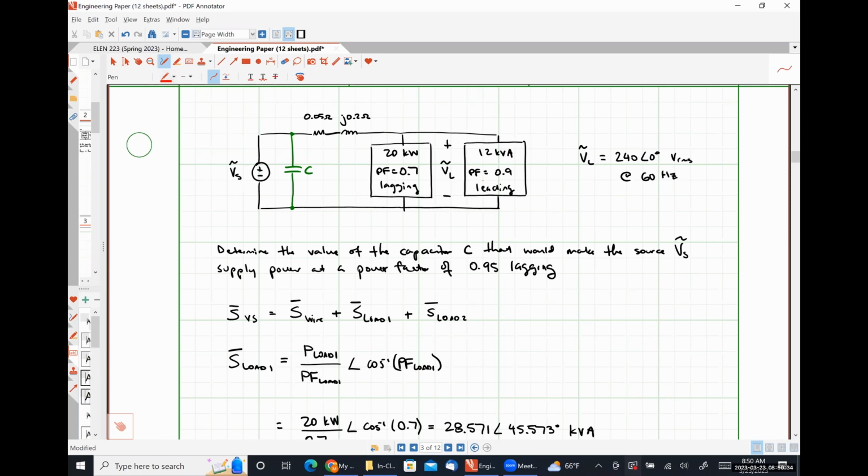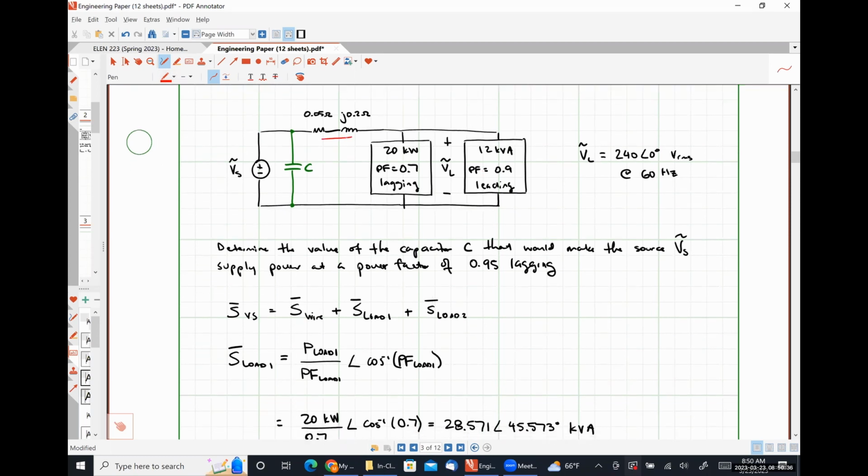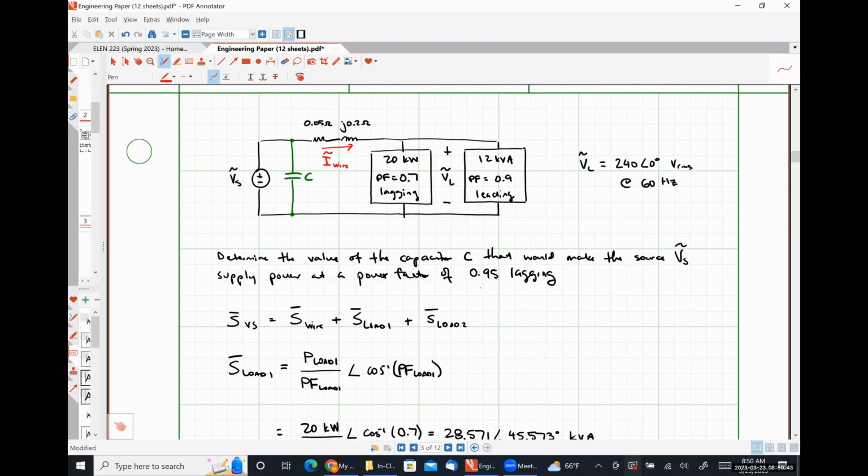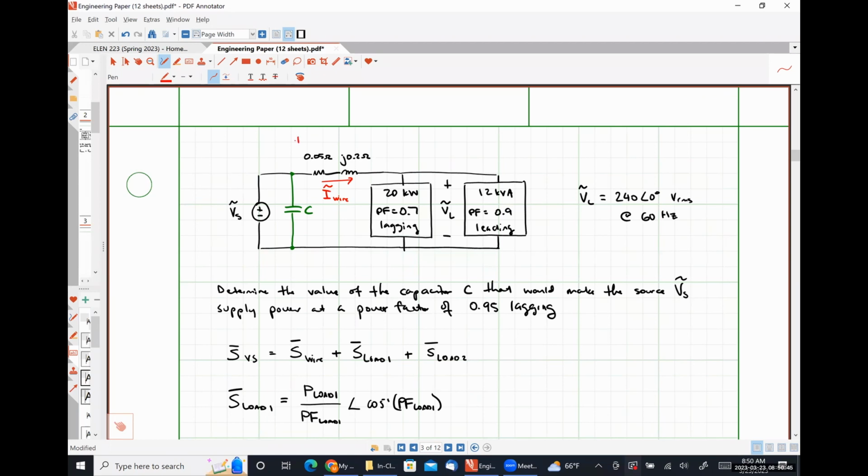So I'm going to call this current I wire, and this voltage drop V wire, right? If I know one, I can get the other, just using good old Ohm's law.